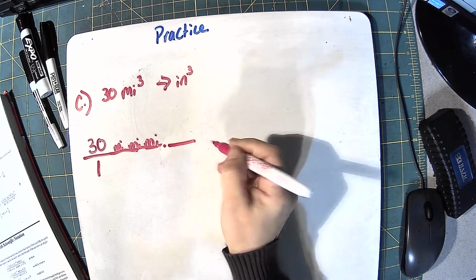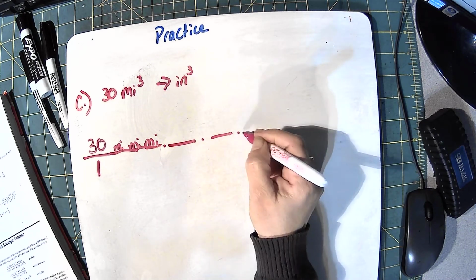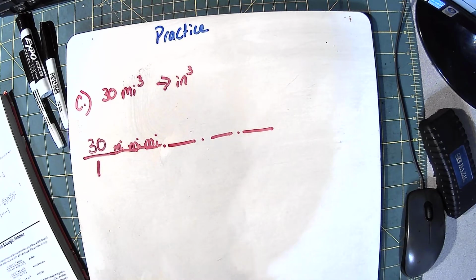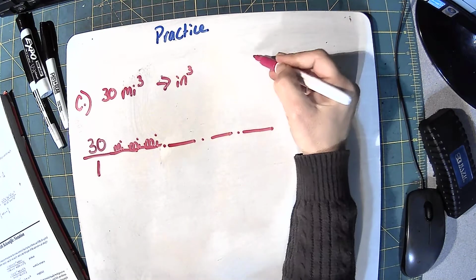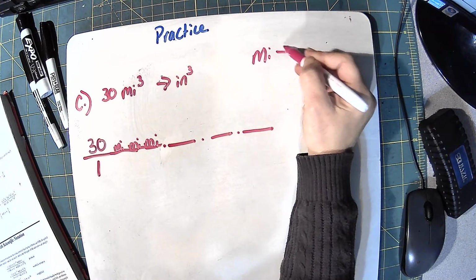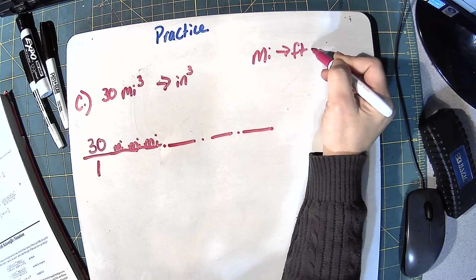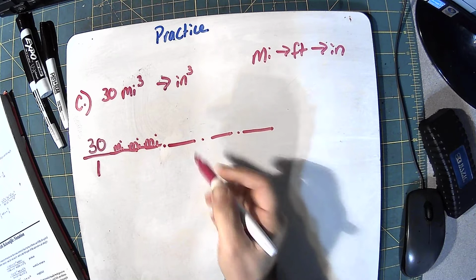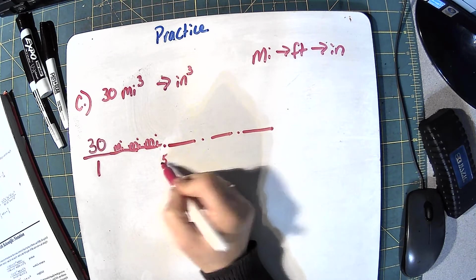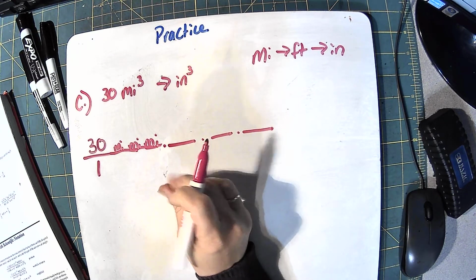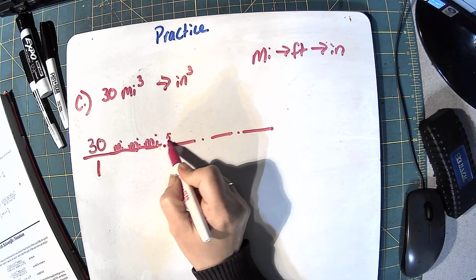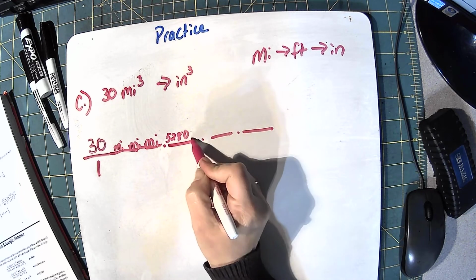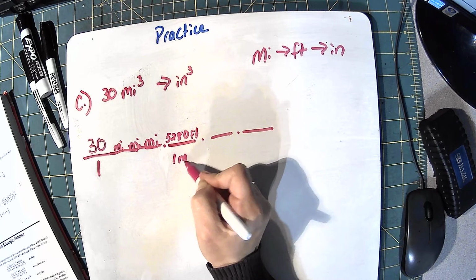Alright, so 1, 2, 3 is going to be for my miles, and I'm going to go from miles to feet to inches. Okay, and I know there are 5,280 feet in 1 mile.